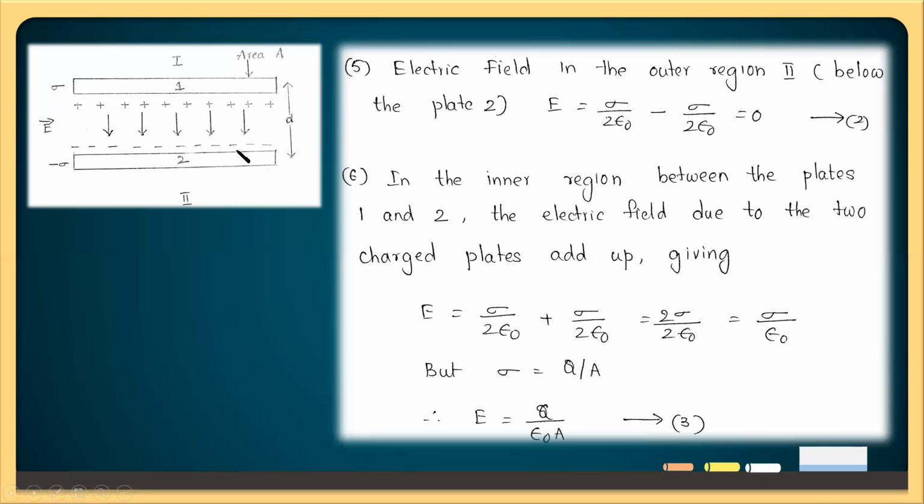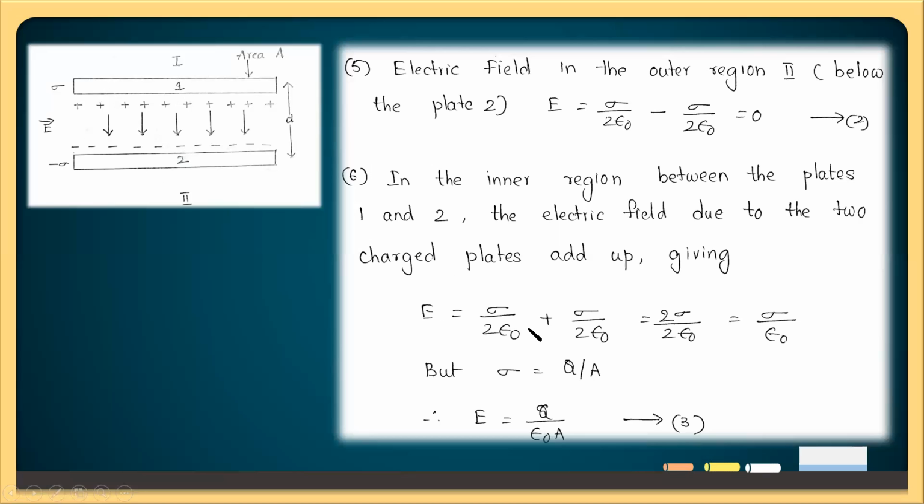Therefore, the electric fields due to both plates will be added up, because both contribute in the same direction, from the upper plate to the lower plate. Here we have a uniform electric field.